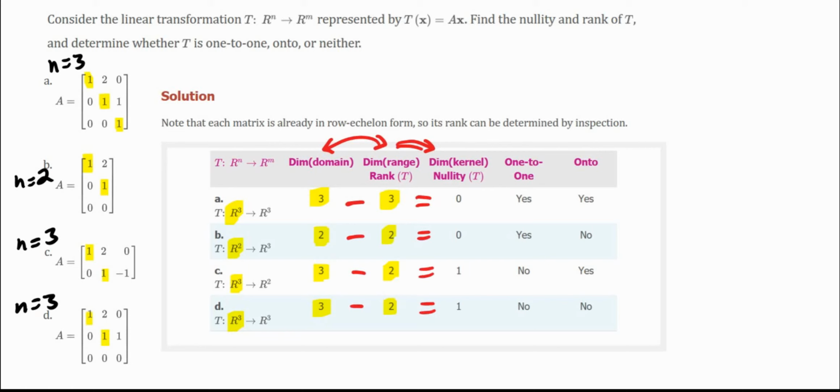So now the question of onto. Well, let's do this.